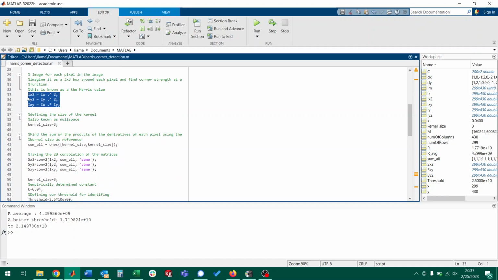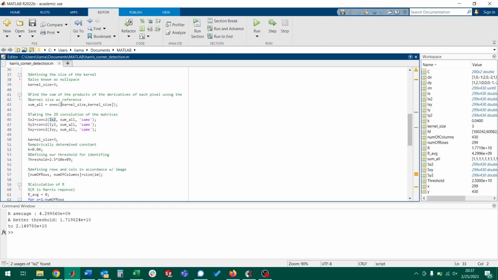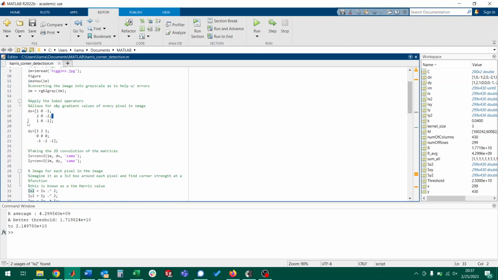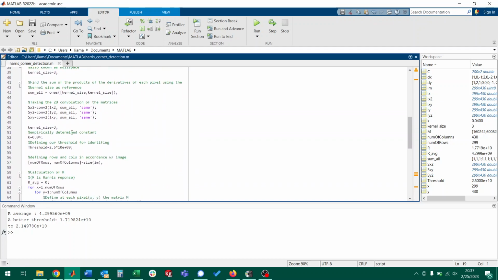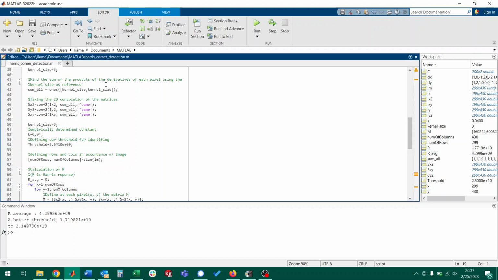And then you just take that with respect to Ix, Iy, and Ix times Iy. So you're just squaring these two and multiplying them by each other. And then we have to define the kernel size, which is going to be 3 due to the size of these matrices. Then we find the sum of the products of the derivatives of each pixel using the kernel size, so it's just sum all. We're just adding them all together.